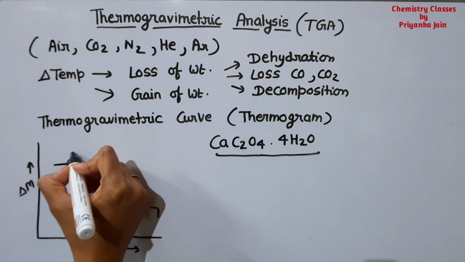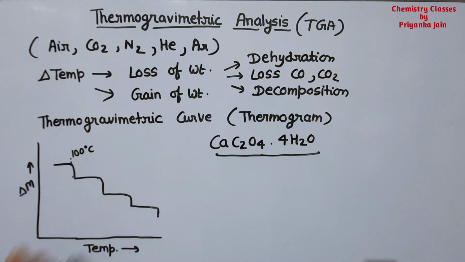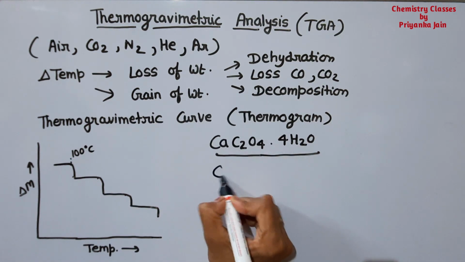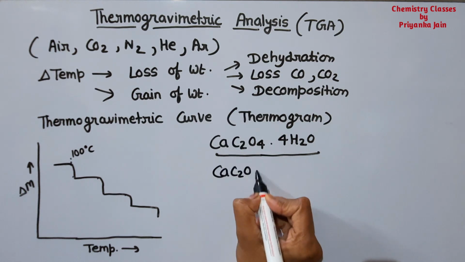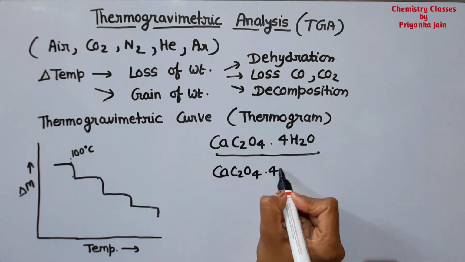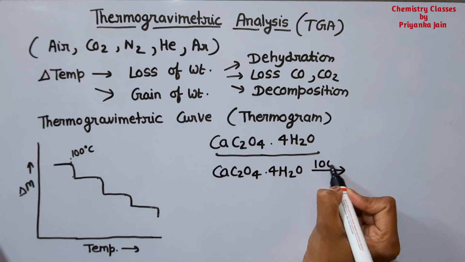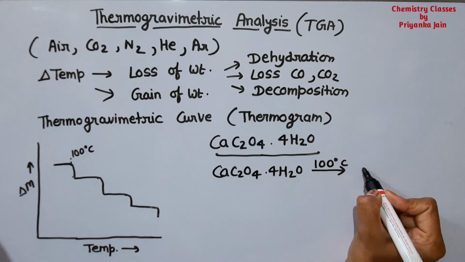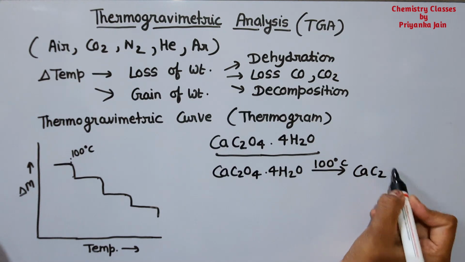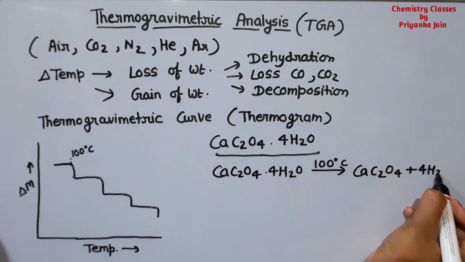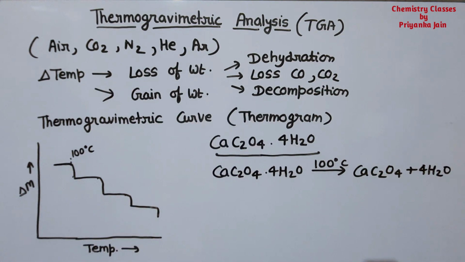Then what will happen? This water will be removed. It means this reaction will happen. It will lose this, and we are getting CaC2O4 plus H2O, at 100 degrees centigrade.